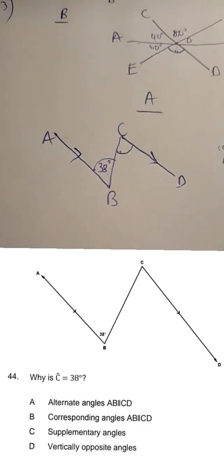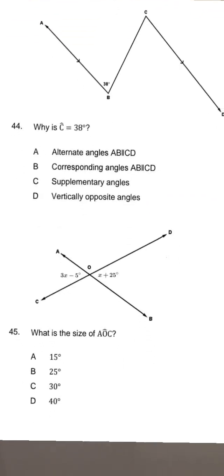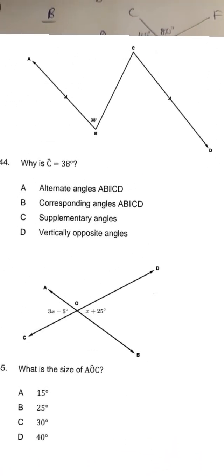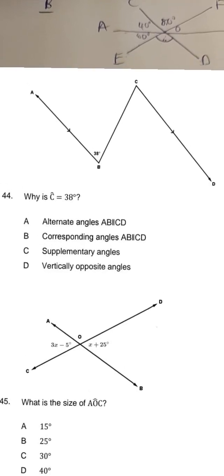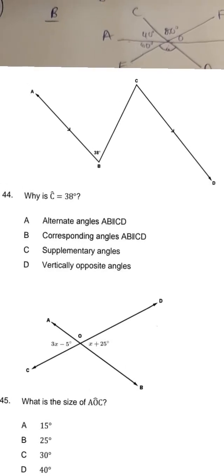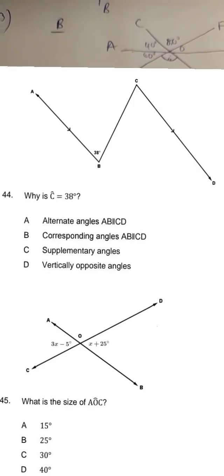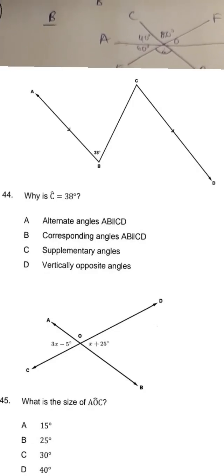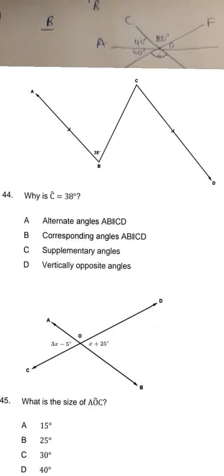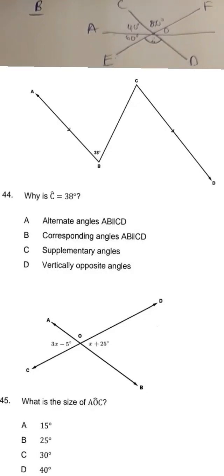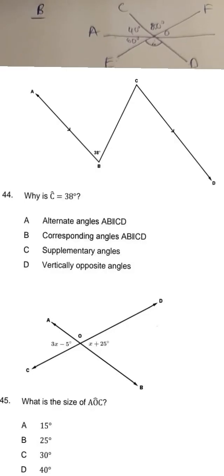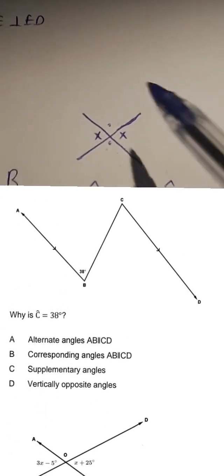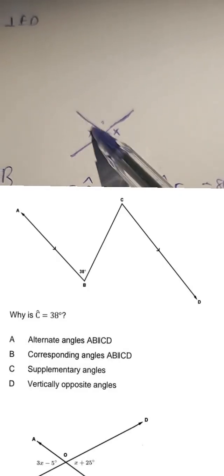Come back to the question. Why is angle C equal to 38 degrees? Is it A? Is it B? Is it C? By the way, supplementary angles, for C, are angles that add up to 180. So C is out. D, is it vertically opposite angles? Guys, vertically opposite angles, I told you, are the X shape.